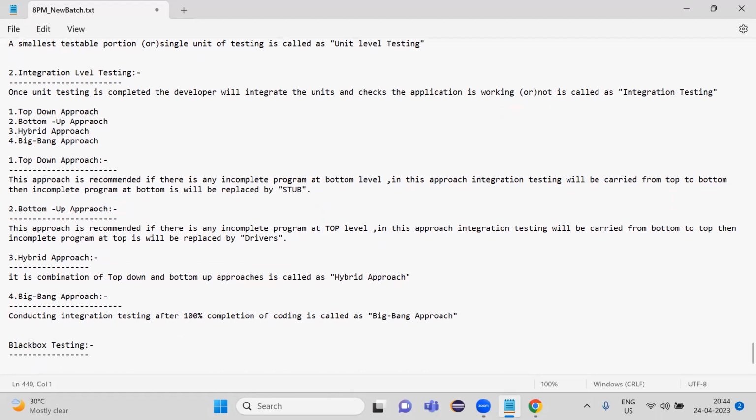We conduct black box testing once 100% coding is completed and white box testing is also complete, to confirm the correctness of the code against the customer requirement.